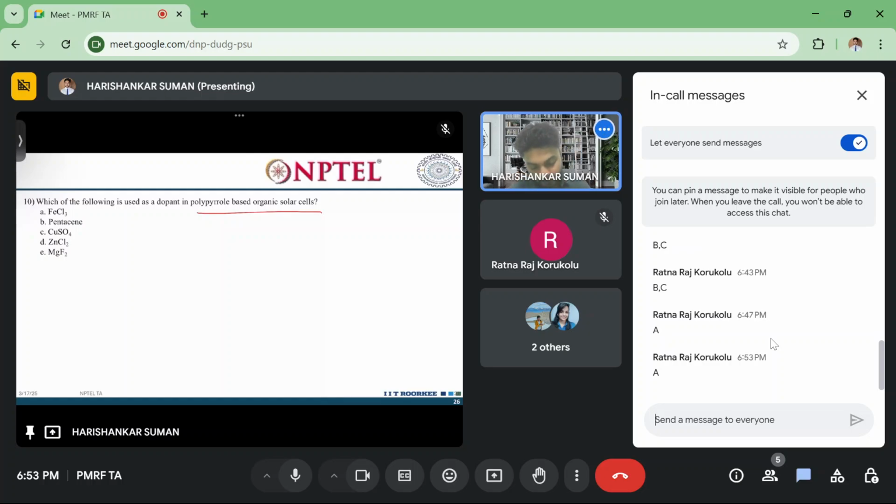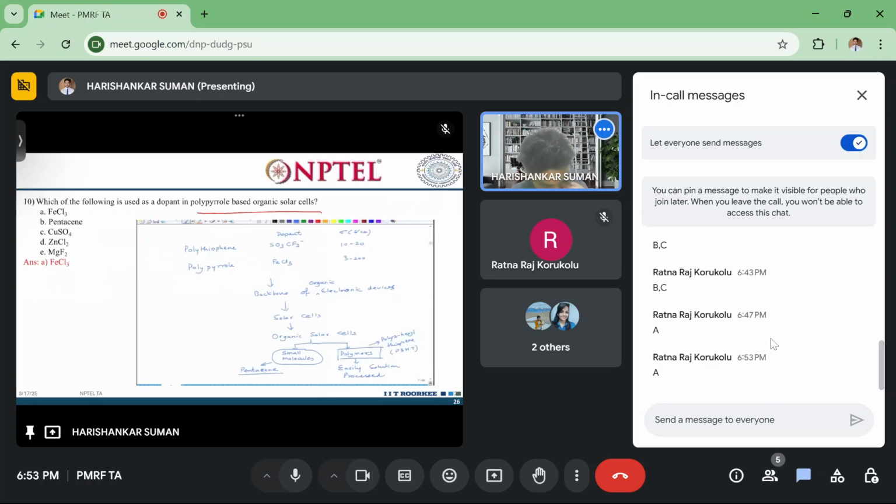Okay, let's check. Yeah, you are right. You can see from the lecture, the dopant for polypyrrole is FeCl3; if polythiophene, then SO3CF3 will be used. And the backbone, this is solar cell, organic electron device.